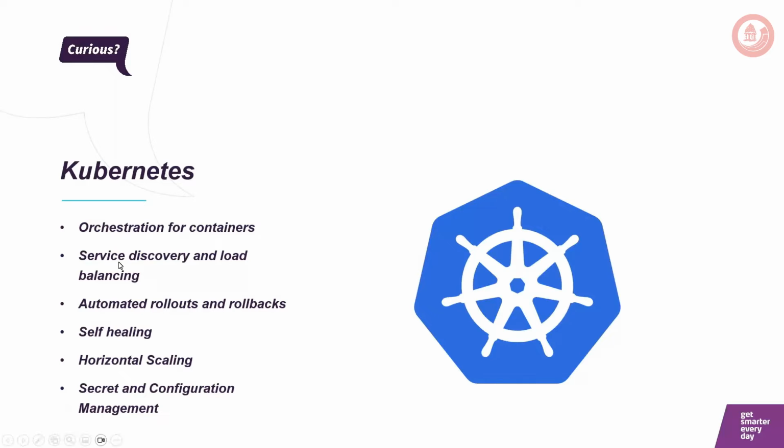The next point, one of the advantages of Kubernetes, is that all the applications, which are known as services in the Kubernetes platform, can communicate and discover themselves seamlessly within the cluster. We have automated rollouts and rollbacks with zero downtime.